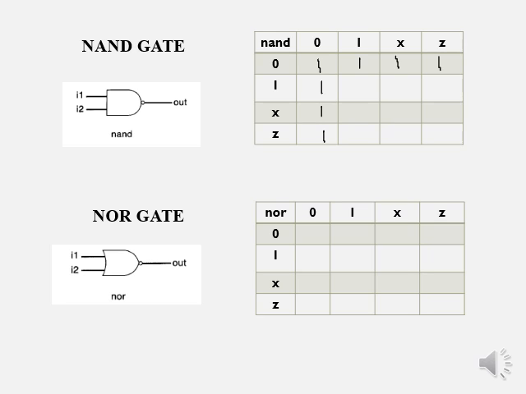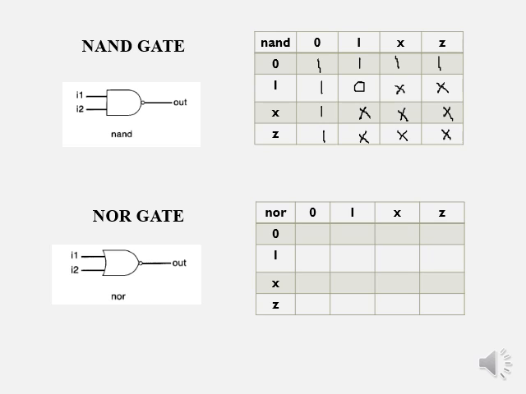Now 1 NAND 1 is 0, 1 NAND x is x, 1 NAND z is x, x NAND 1 is x, x NAND x is x, x NAND z is x, z NAND 1 is x, z NAND x is x, and z NAND z is also unknown.